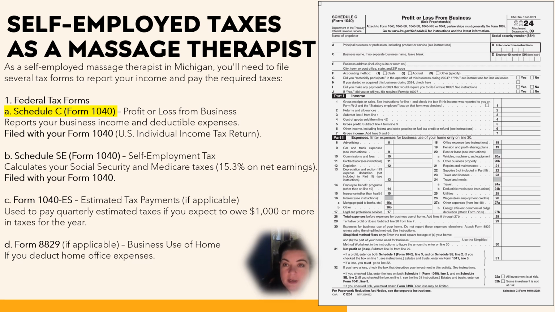What were your overhead costs, the cost of equipment like tables, linens, lotions, those types of things. Anything that is allowable as an expense to deduct from your income, you will put on here because this form is going to allow you to calculate either your net profit or your net loss that will transfer over to your 1040, which is your individual income tax return.